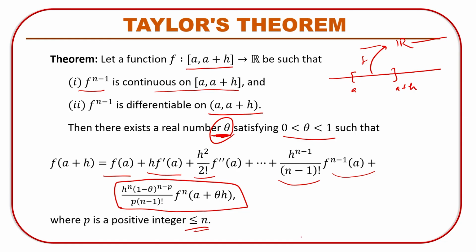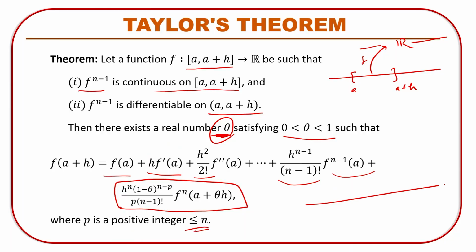So, this Taylor's theorem is to find the approximate value in the neighborhood of a given point. Here the given point is a, and I want the neighborhood, so I want h. So, this point becomes a plus h, and I want to know how my function behaves. I knew the value of f(a). So, I knew how the function behaves at a, and I try to find the unknown quantity in the neighborhood of that point.